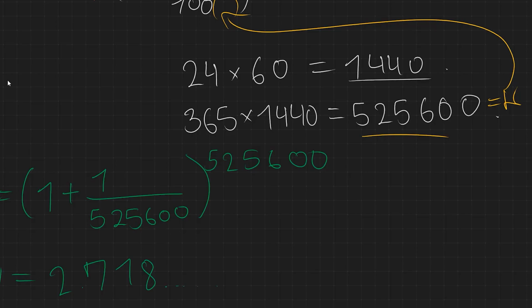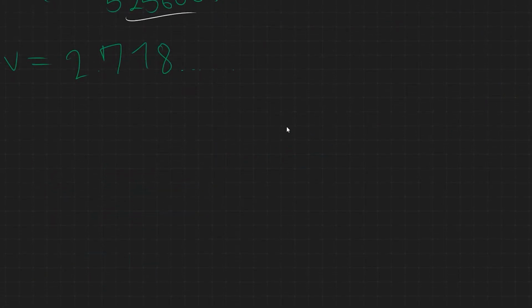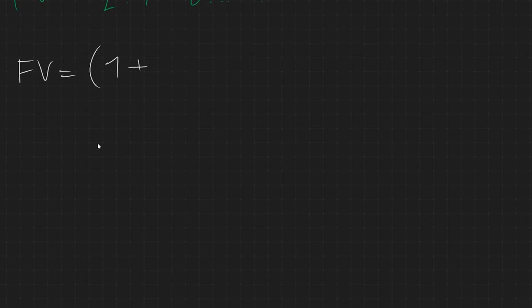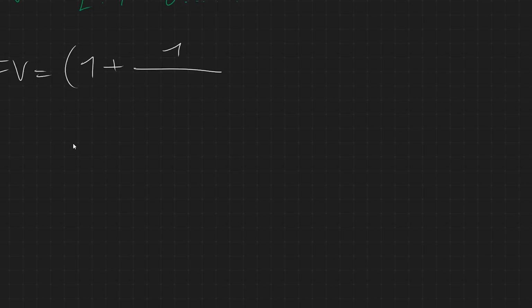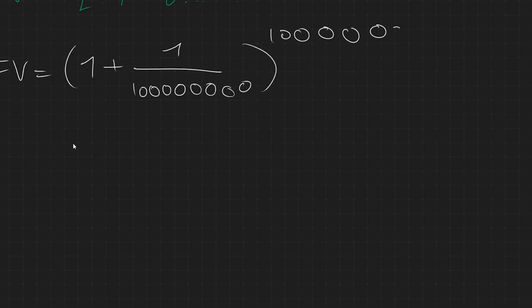And we can see, as the number of compounding periods gets larger, it tends to e. So if we were to set the compounding periods to every single second, we would simply say 1 plus 1 over how many seconds there are, which I won't calculate, but it would be a lot with tons of zeros. And we would be left with e.